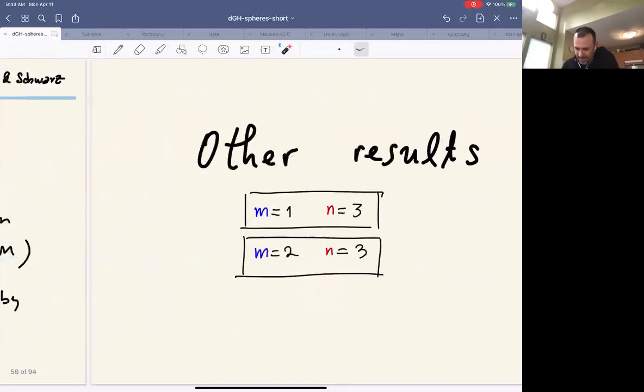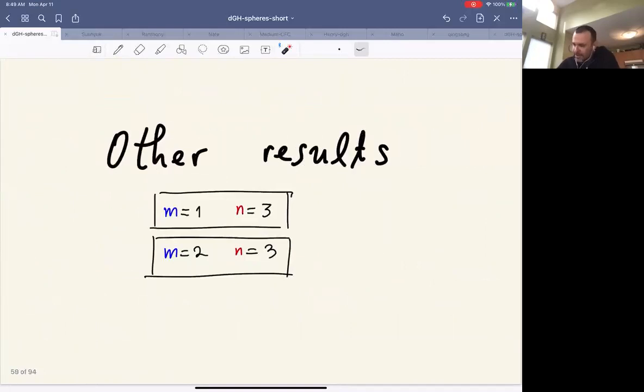And to conclude, I wanted to mention some other results that we obtained that provide a precise value for 2 more entries into the GMN matrix. The case of m equals 1 and n equals 3, and the case of m equals 2 and n equals 3.